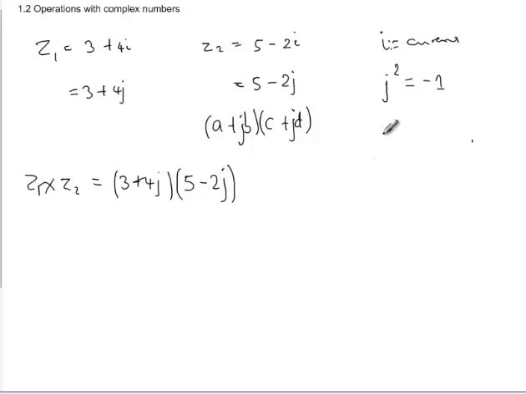Now, let me do it this way, like we would multiply 12 times 13. 4j, and what do we have here? 5 minus 2j. This is the way I would lay out the multiplication if I was multiplying 12 times 13.